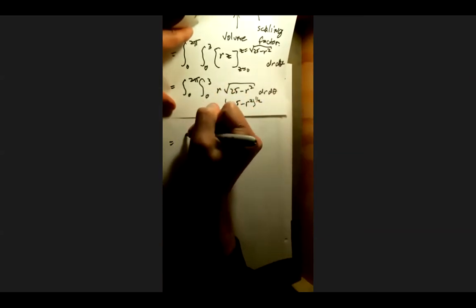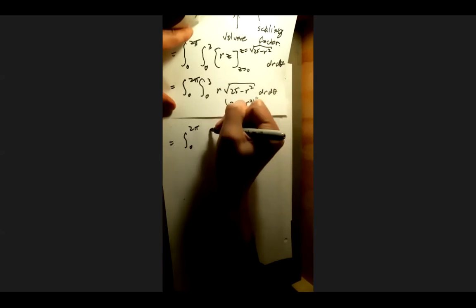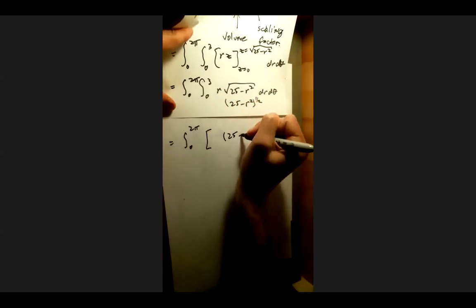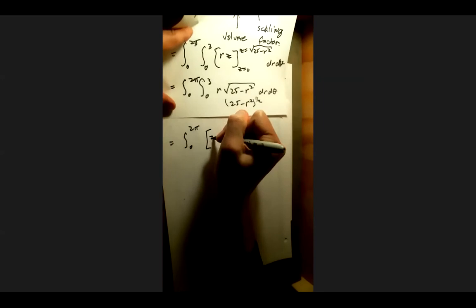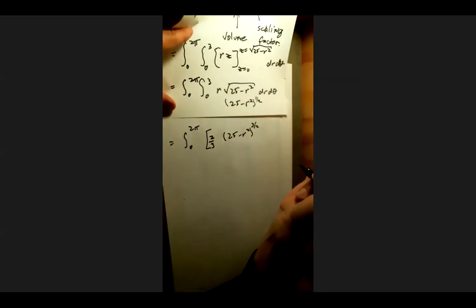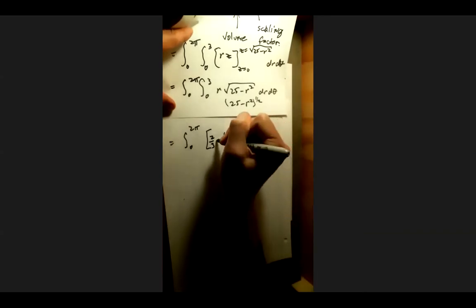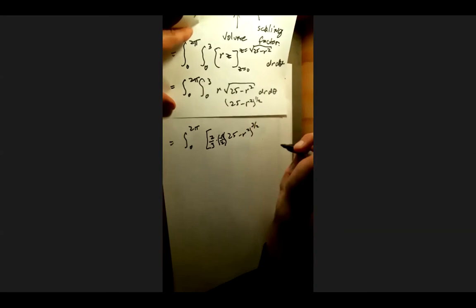So, 0 to 2 pi of 25 minus r squared to the 3/2. We're going to pick up a 2/3 up front. Is that it? Maybe in a 1/2? Like that?